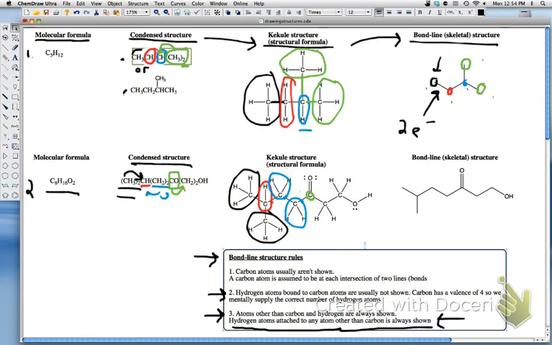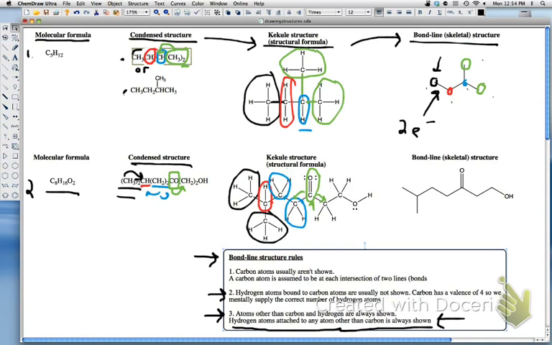So thinking about that, we have to realize that this carbon in green here is connected back to the one in blue and the next one, so that leaves 2 open spots for carbon to form 4 bonds. And that's what we see here: this carbonyl is actually connected, this carbon-oxygen bond is a double bond. So the oxygen is connected to the carbon by a double bond.